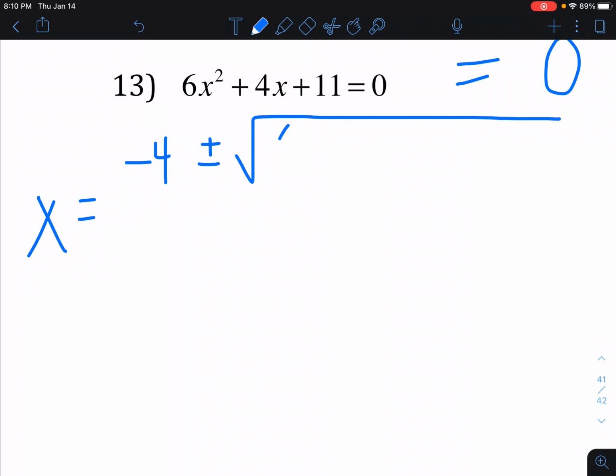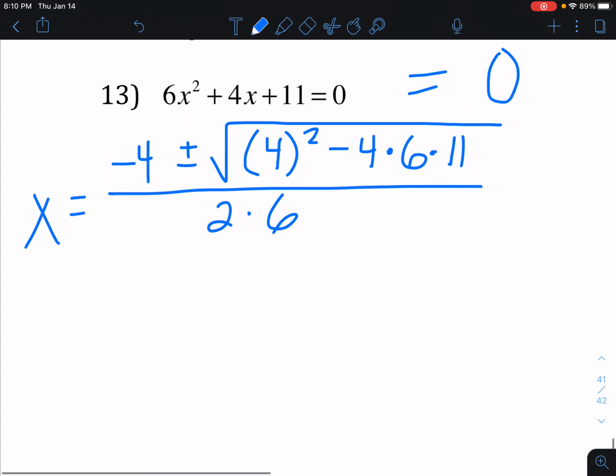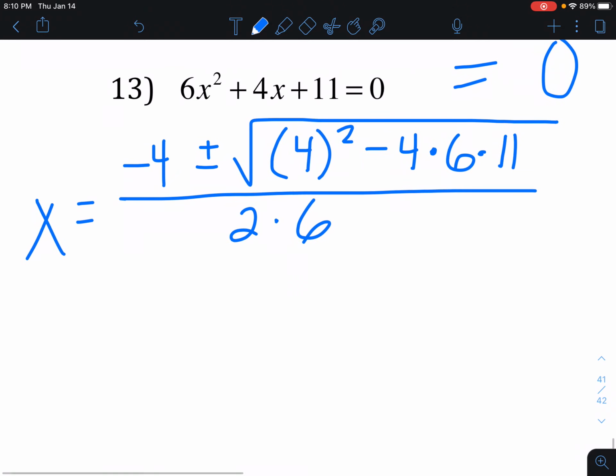Inside the square root is b squared minus 4 times a times c, divided by 2 times a. So the way I taught you is you start off with 3, you're multiplying 3 times to start here, here, and here.